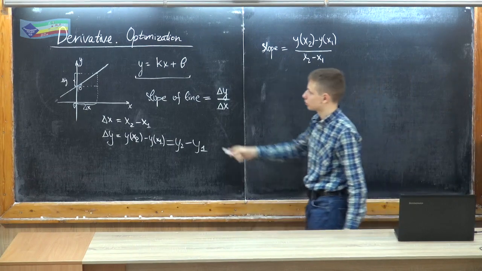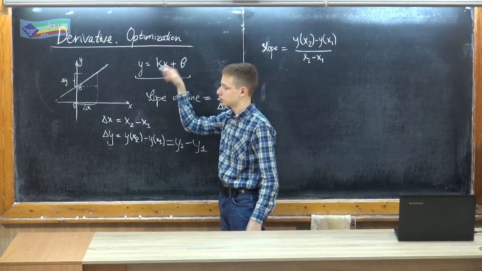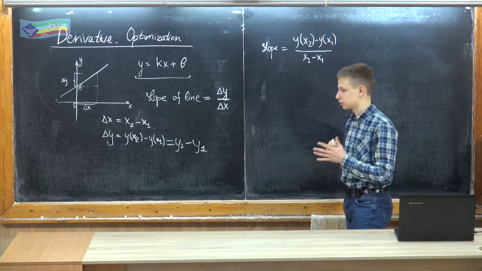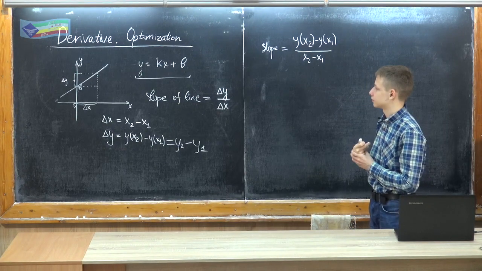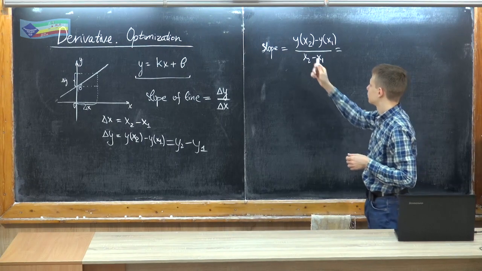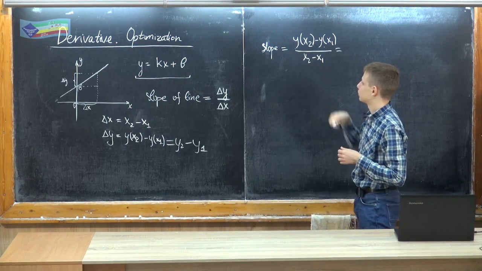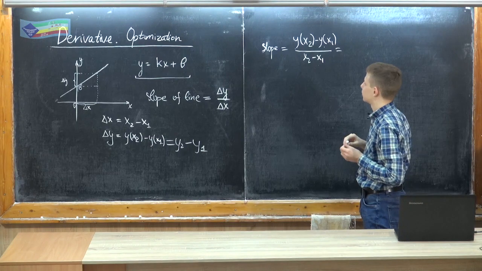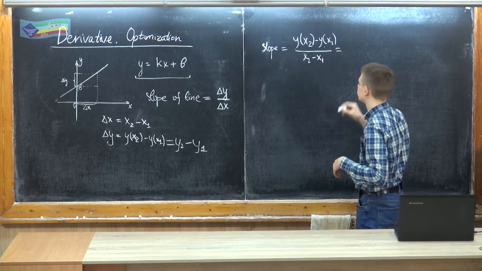And now we remember about this function, which is a linear function, and now we can substitute and find y for every value of x2 and x1.